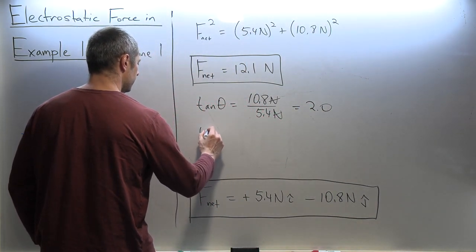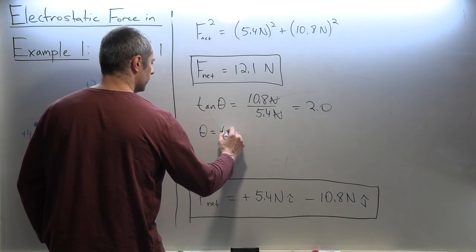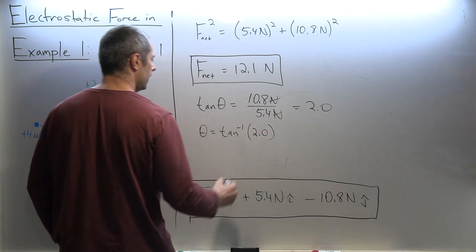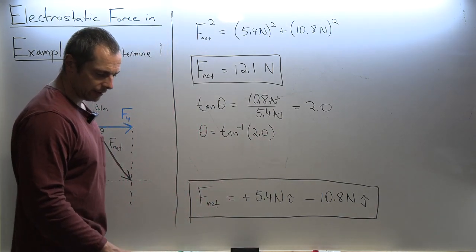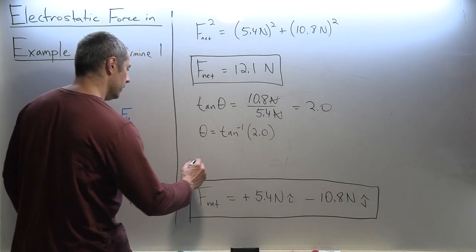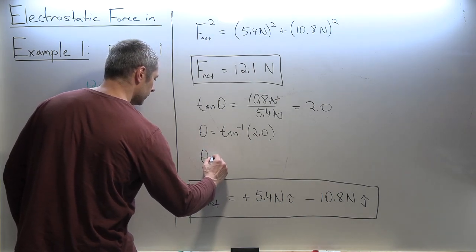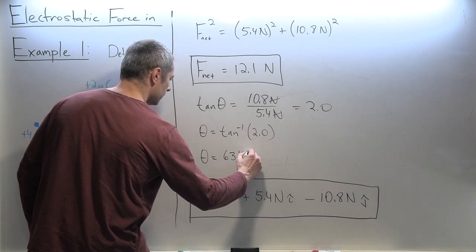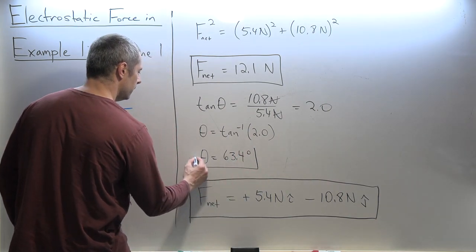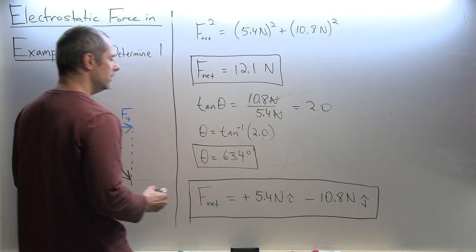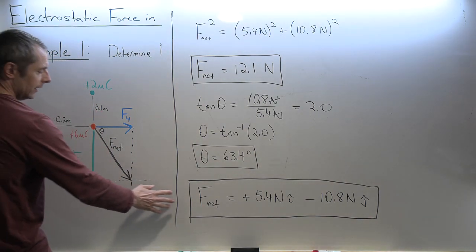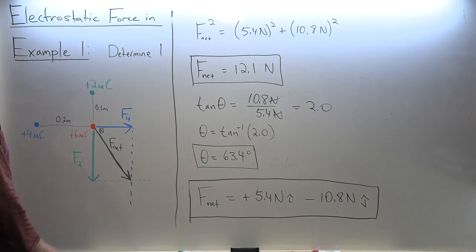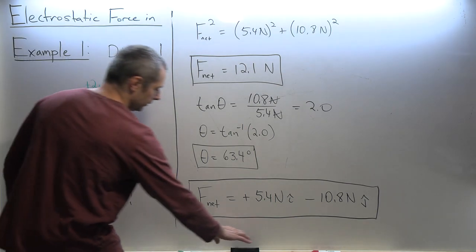So theta is the inverse tan of 2.0. And if you hit that on your calculator, I believe you get 63.4 degrees. So that is the equivalent of this, but with magnitude and direction under the x-axis.